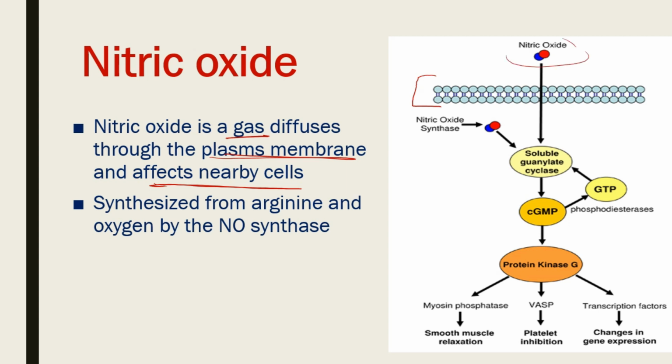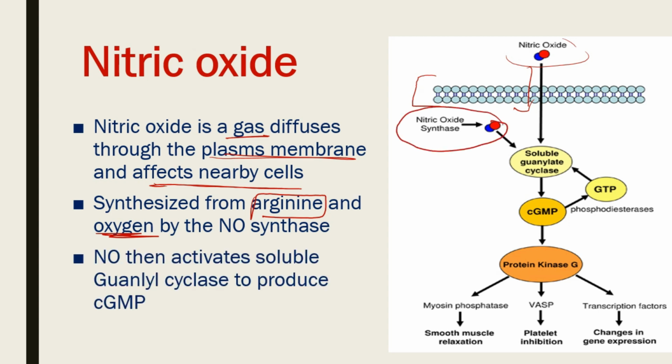Nitric oxide is a gas that can diffuse across the cell membrane and enter the cell. With the help of oxygen and arginine, nitric oxide synthase forms nitric oxide. The nitric oxide then activates the soluble guanylyl cyclase to produce cGMP from GTP.